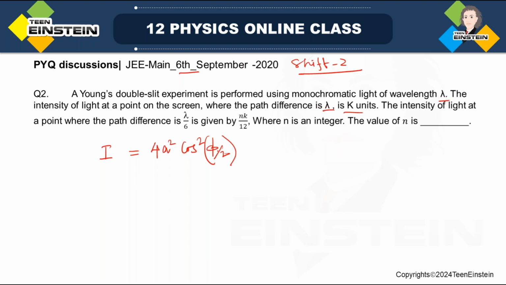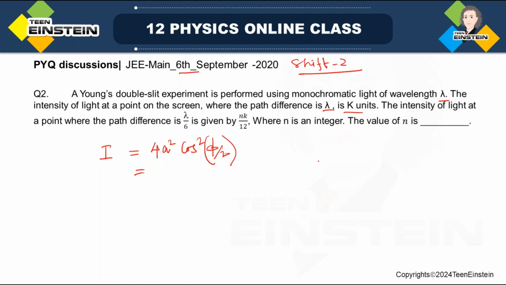Okay, all right, so this is the kind of formula we have, and this I can take as some constant value. This is the maximum value, or I0 or k, whatever it is.